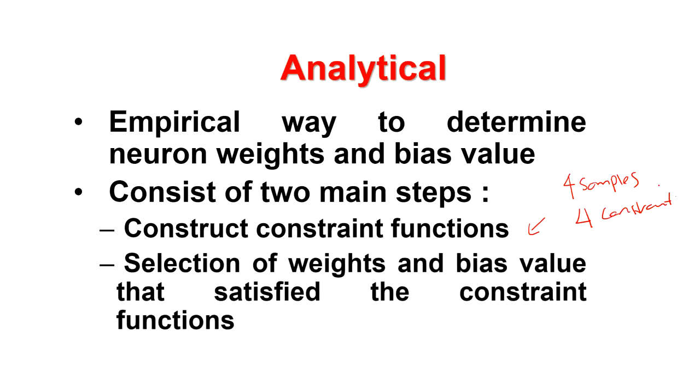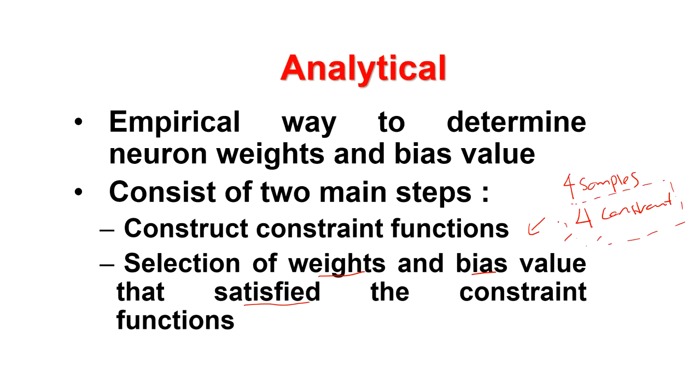The second step is the selection of weights and a bias value that satisfy the constructed constraint functions. So in this case, you will have the 4 constraint functions, and later on we need to find the value of weight and bias that is able to satisfy all these 4 constraint functions.